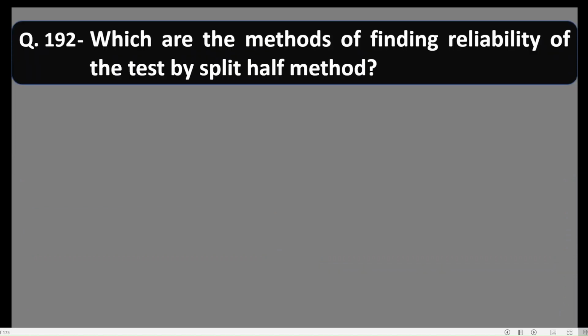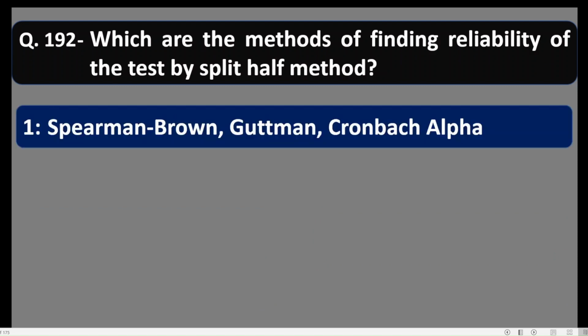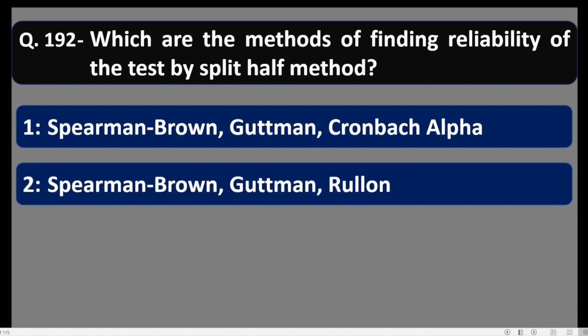Question 192. Which are the methods of finding reliability of the test by split half method? Let us see. Spearman Brown, Guttman, Cronbach alpha. Cronbach alpha is not split half method, so option number 1 is wrong. Spearman Brown, Guttman, and Rulon. Here all the 3 are the methods of split half for finding reliability of the test.